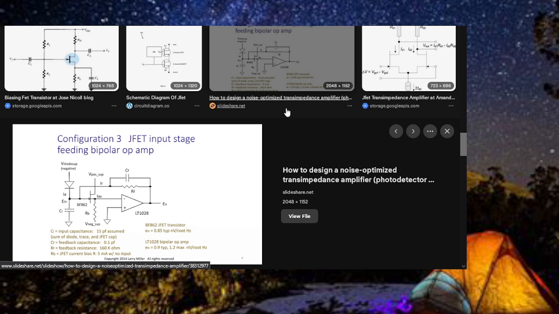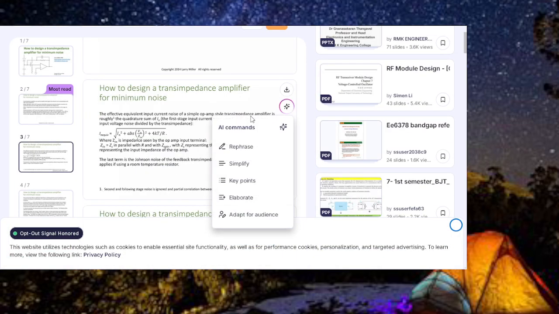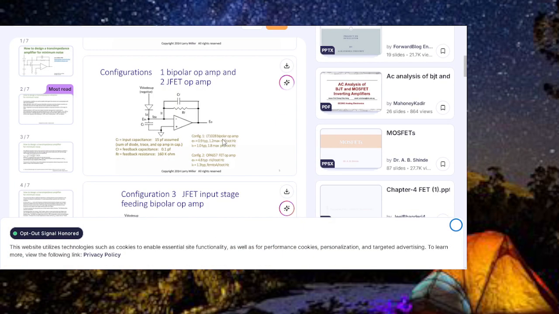Oh, what's this one? Bipolar op amp? This is a JFET. What are you talking about? How to design a noise optimized transimpedance amplifier. Okay, I'll bite. That's not a bipolar amplifier.